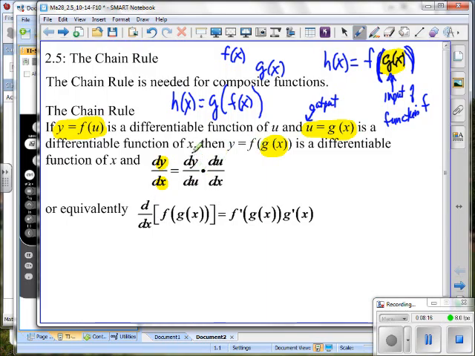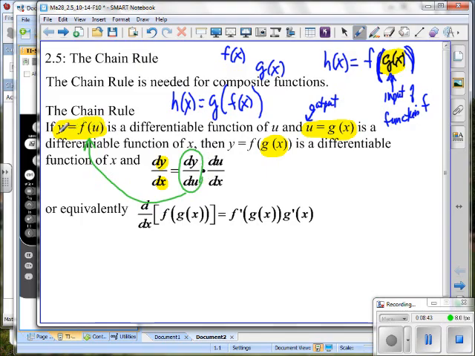Well, what about dy du? Look at the input, look at the output. This derivative goes with that, because the input is u and the output is y.